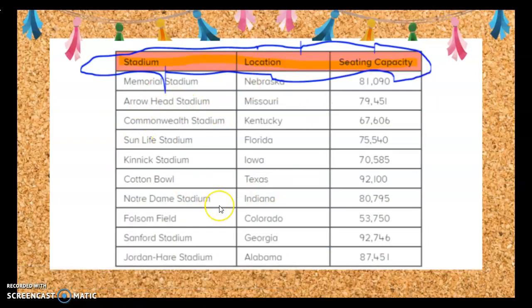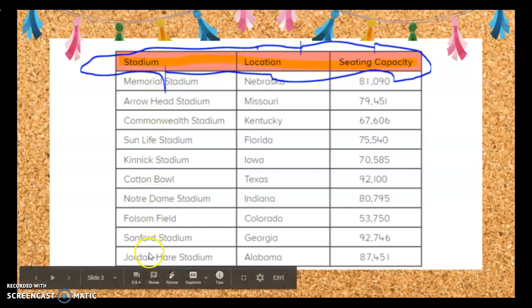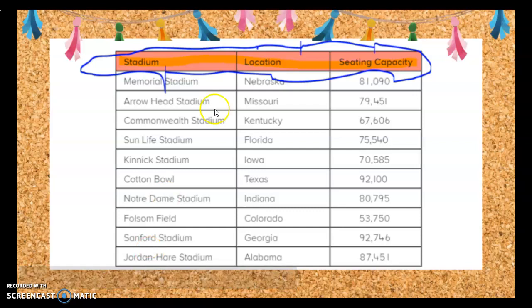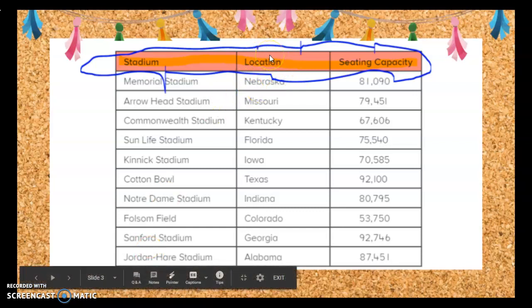Here we have a table. When we're reading a table, always look at the top. The top of the table is going to tell you what it is that you're looking at. So for example, up here in our first column, it says the word stadium. So that means all the words underneath that word are the names of different stadiums that we're looking at. In column number 2, it says location.